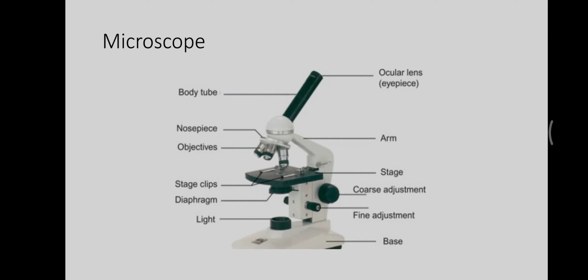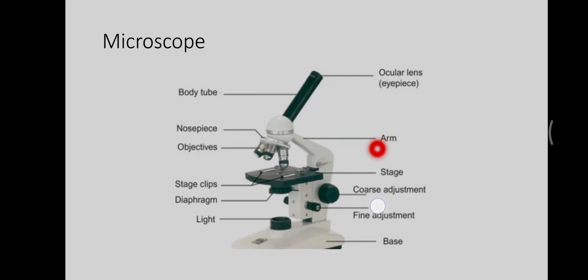This is also known as a light microscope because it has a light source through which we can observe the slides easily. Now I will tell you about different parts of the microscope. This is the ocular lens or eyepiece, the point from where the eye looks into the microscope. This is the arm.